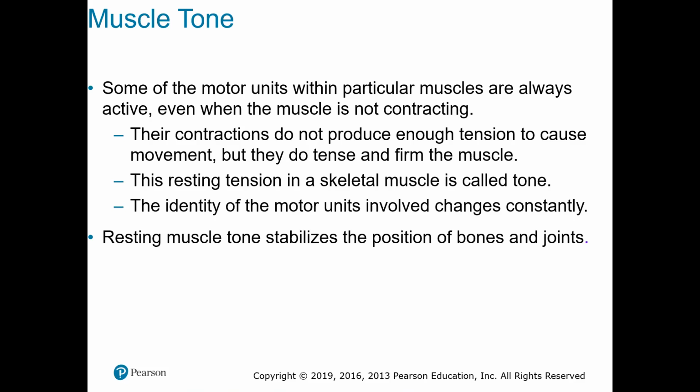It's all random, but it keeps the muscle warm. It keeps the muscle slightly contracted. It keeps a little bit of calcium in the sarcoplasm. And it creates a little bit of tension to help hold the joints together. This is what we refer to as muscle tone. It keeps the muscle slightly firm, slightly tense. This is muscle tone.